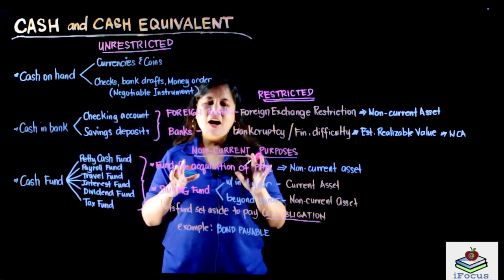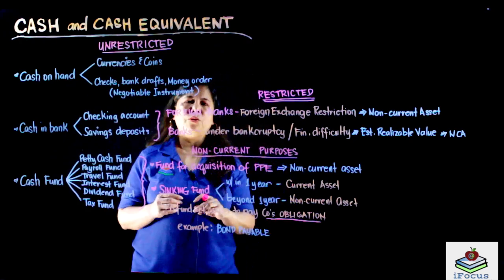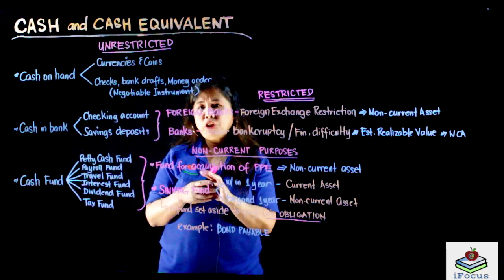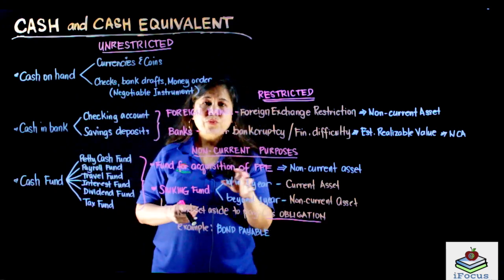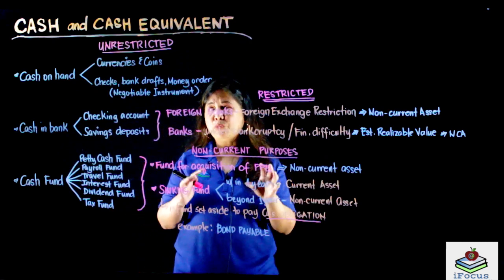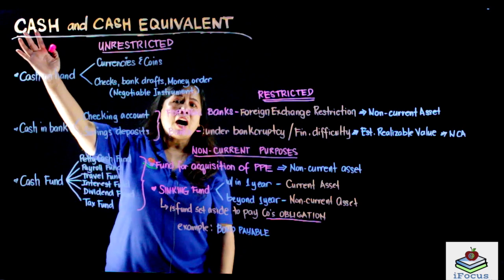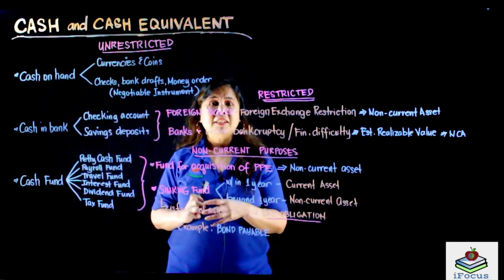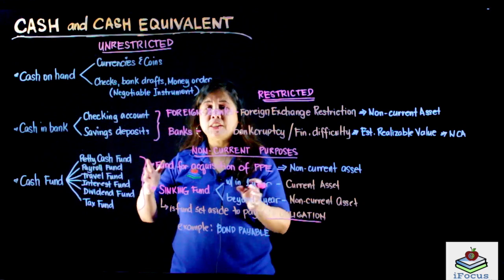So kapag ang cash fund na ito ay intended for the acquisitions of a PPE, then we are going to classify this as a non-current asset. Hindi natin pwedeng i-include ito sa account na cash dahil ang account na cash ay current asset. Another example is the sinking fund.